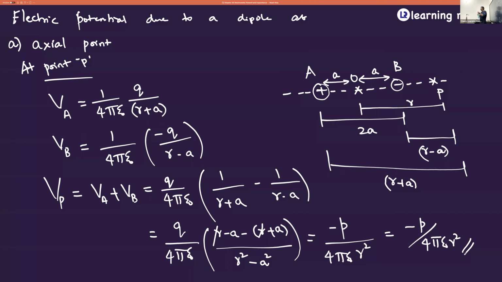So what will be the next topic, obviously? Potential due to a dipole at equatorial point. It's very simple.